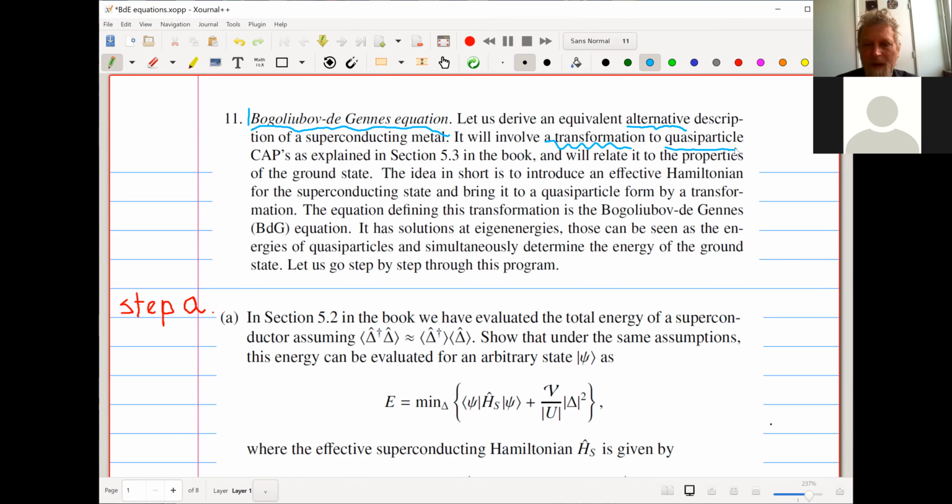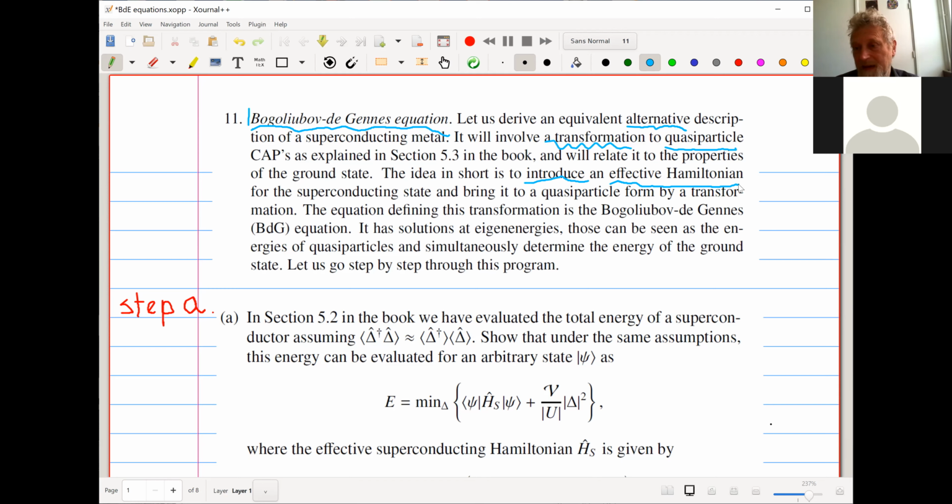Right, and we will introduce an effective Hamiltonian for the superconducting state first, and we will show that it can be brought to a set of independent quasi-particles rather than particles.